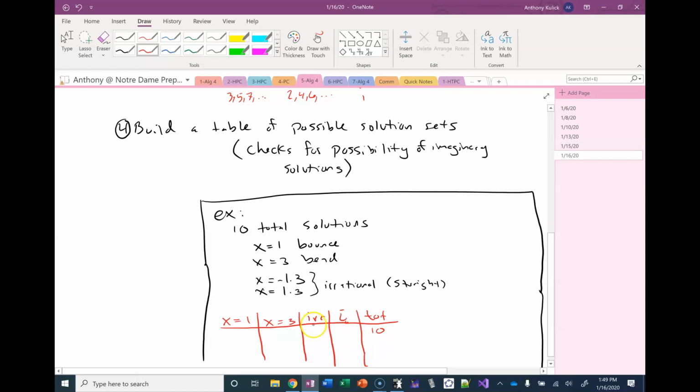The irrationals in this case is always going to be 2. So the bounces, what's the least number of times that 1 or x equals 1 could be used? 2 times. What's the least amount of times x equals 3 could be used? 3. Okay?